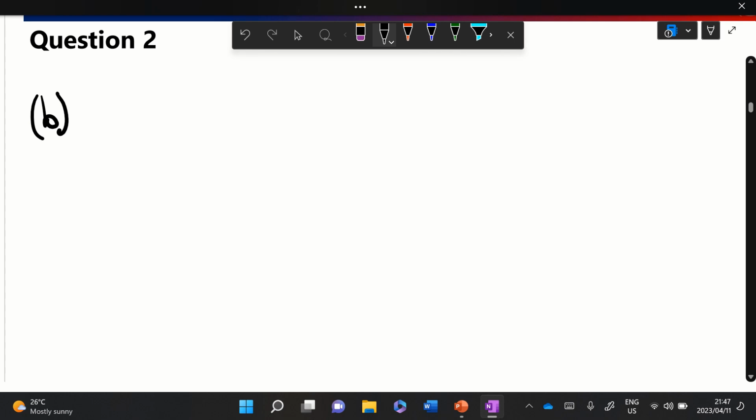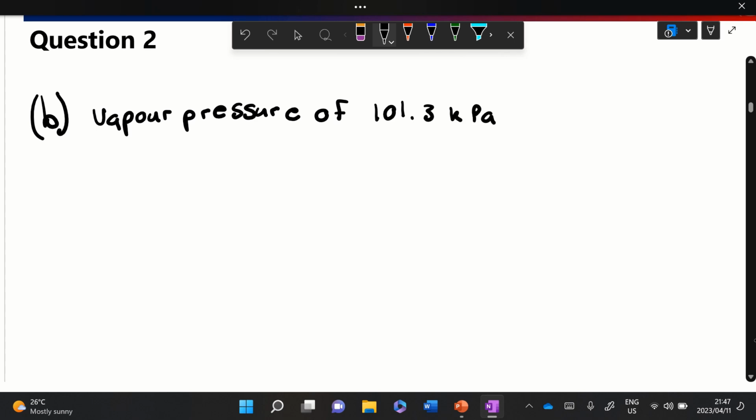So it means at a vapor pressure of 101.3 kilopascal, or 101325 Pascal, whatever you want to use, but we can use kilopascal because we're going to use one of the other sets that we already have been given to calculate that.